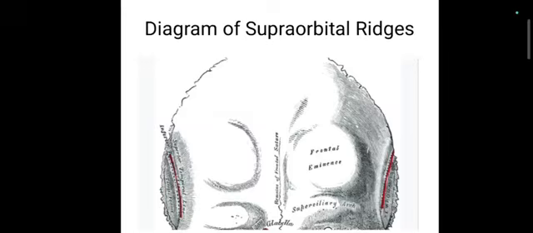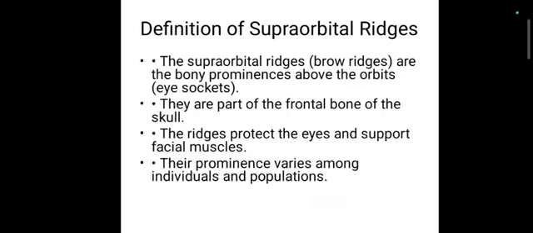Okay, so now we are very clear about where the supraorbital ridges are located. Moving forward, how can it be used in forensic science? As I told you before, this topic comes under forensic anthropology. The supraorbital ridges, or brow ridges, are the bony prominence above the orbits, that is the eye socket, and they are part of the frontal bone of the skull.